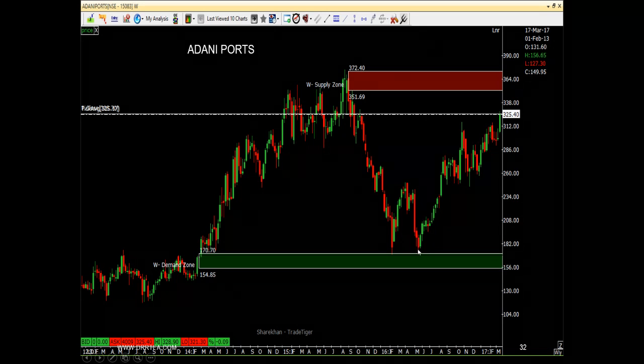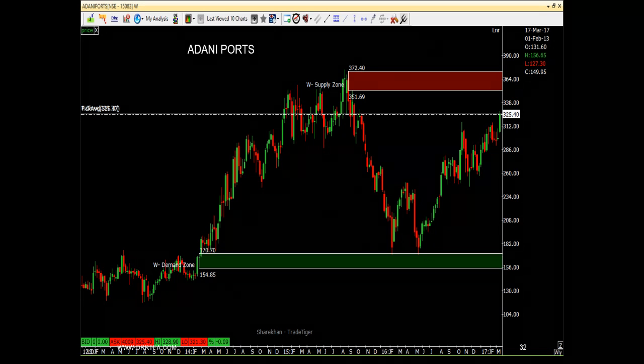When it reaches our buy price again, we double our position here, because we got the opportunity to double our position at the same price. And you see how it is moving, and we are still waiting for our trade to finish. Whenever it reaches our target of 350, we'll close our trade and book our profits.